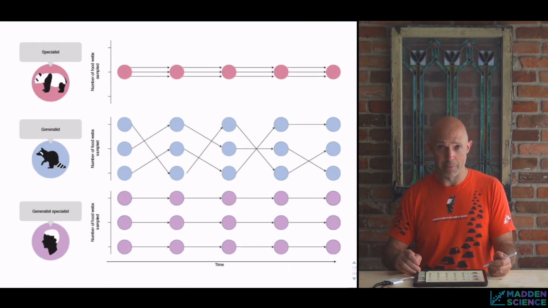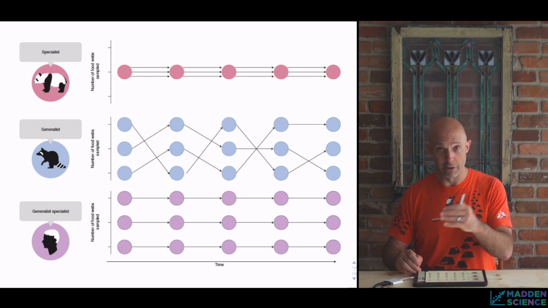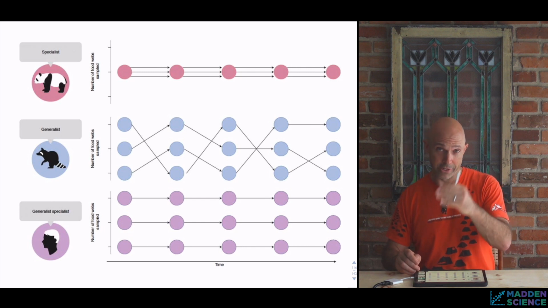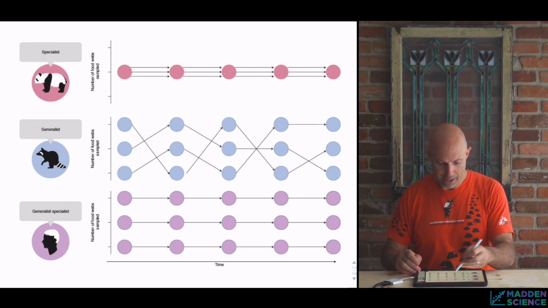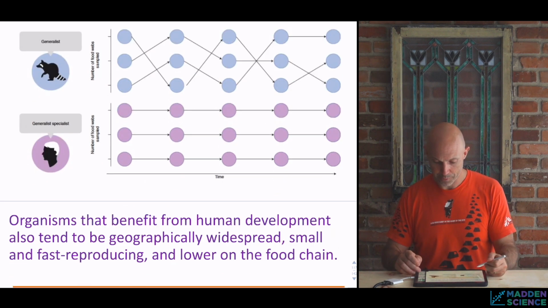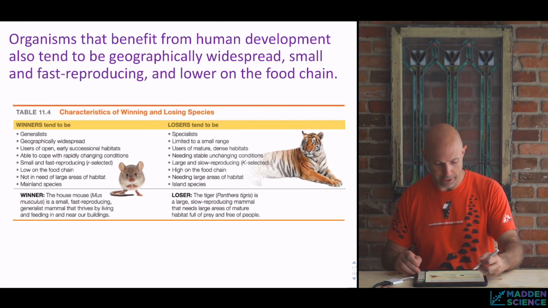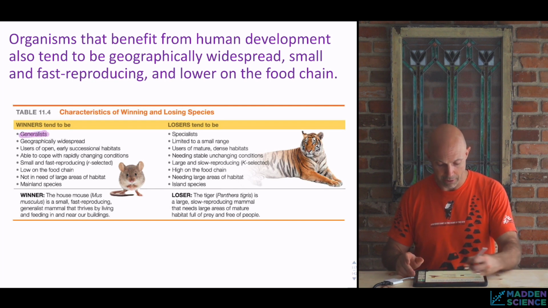This is just a diagram from Discover magazine showing pandas, raccoons, and then Homo sapiens, maybe as a generalist specialist. So not just a jack of all trades, but a masterly jack of all trades. Then you've got different integration of food webs on the right. This reminds me of a slide from earlier in the year with winning and losing species, kind of a harsh way to put it, but maybe true, and generalists versus specialists.